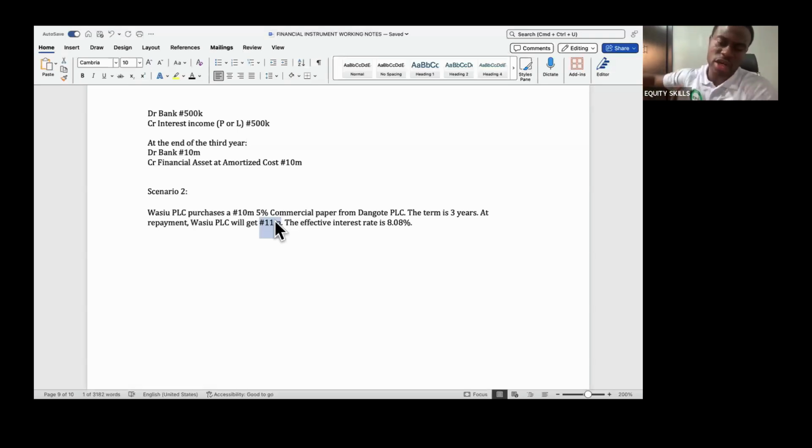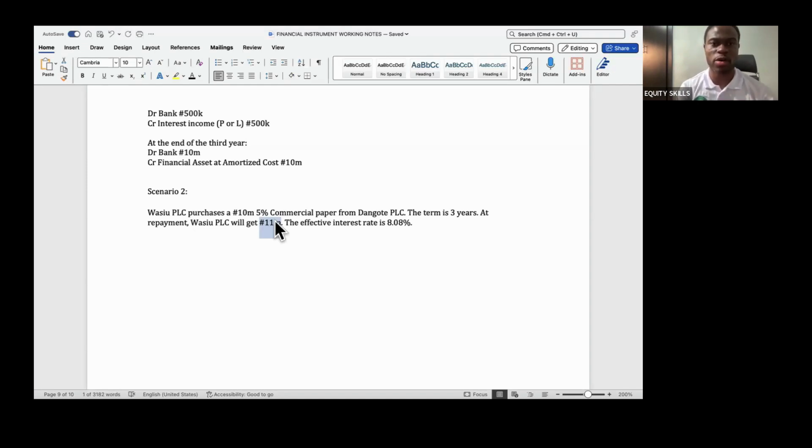It would be wrong to only recognize this extra 1 million at the end of the third year when you collect it. It will be very wrong, because that means that you are then accounting for this transaction like a cash basis approach. We don't use cash basis in reporting, we use accrual basis.